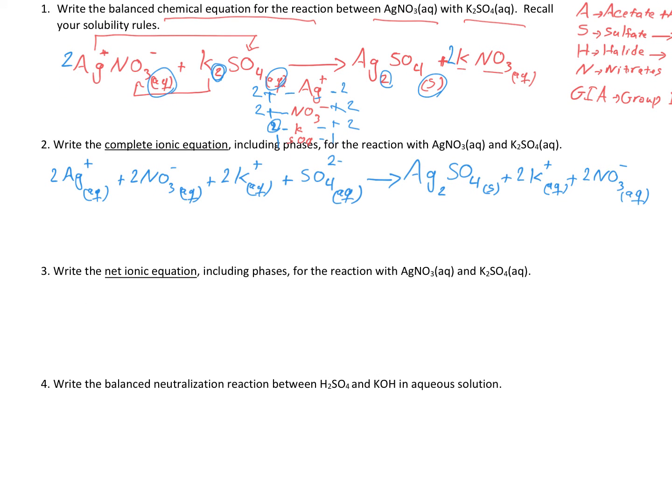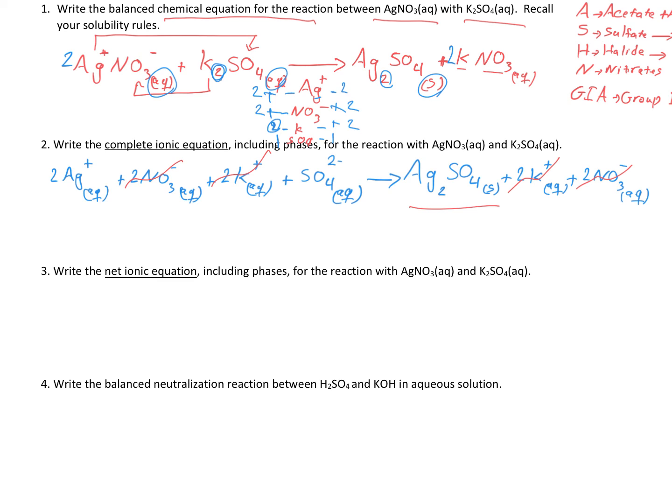For the net ionic equation, we cancel out the spectator ions, the ions that do not participate in the reaction, and write whatever is left. From the complete ionic equation, we see that we have 2 nitrates in the reactants and 2 nitrates in the products, and 2 potassium in the products and 2 potassium in the reactants. We cannot cancel out anything else because this is solid.